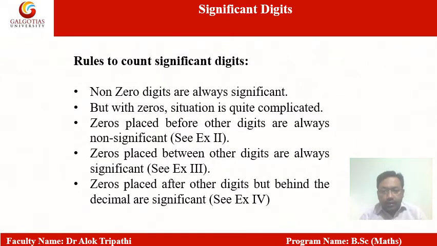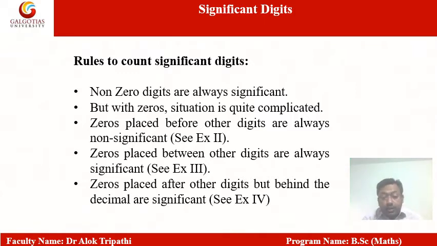In this slide, we shall see the rules to count significant digits in a given number. For the first rule, I have already told you, non-zero digits are always significant. But with zeros, the situation is quite complicated. So see these rules, which will tell you when zeros become significant and when they are insignificant.